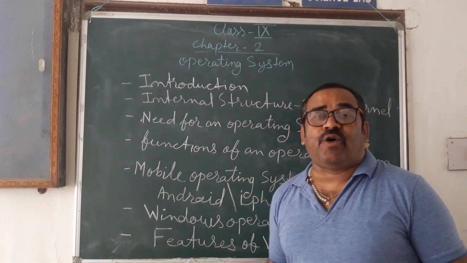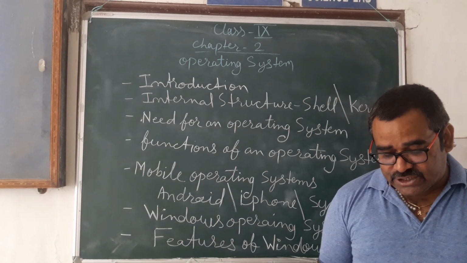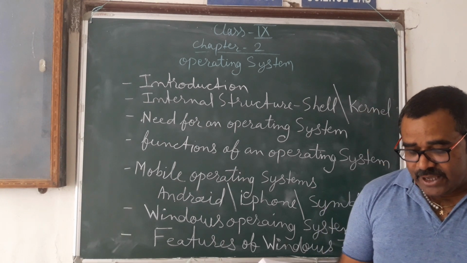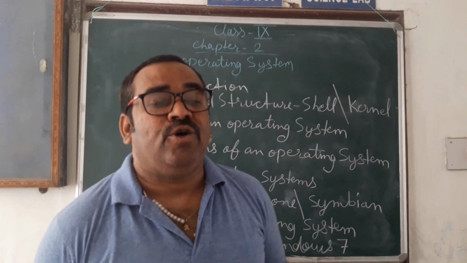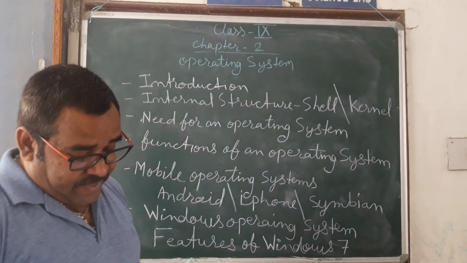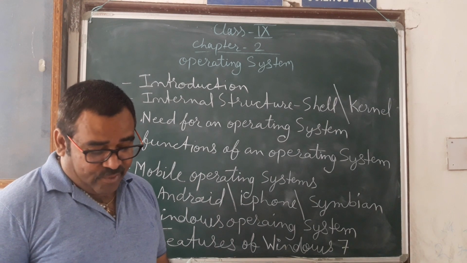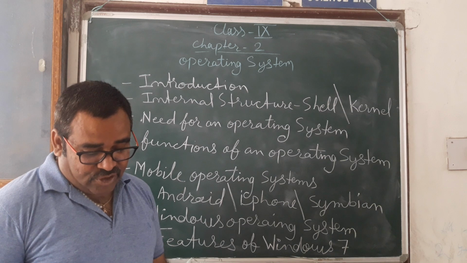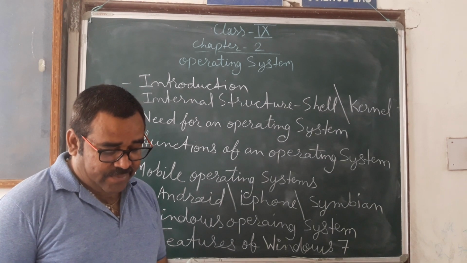Then, the need for an operating system. Why do we need an operating system? The first program that gets loaded when the computer is switched on is the BIOS, the basic input output system. It is the set of programs which resides in the ROM firmware provided by the manufacturer. It provides software support for the basic peripheral devices, input and output devices like keyboard and printer.